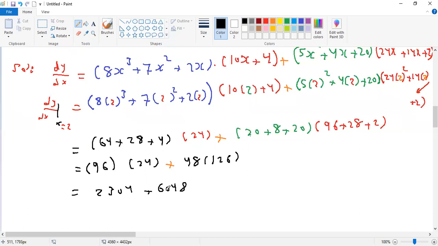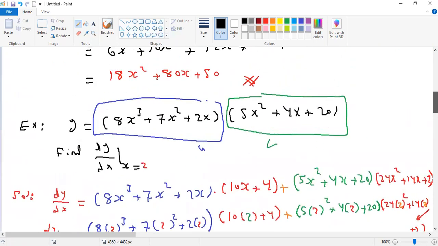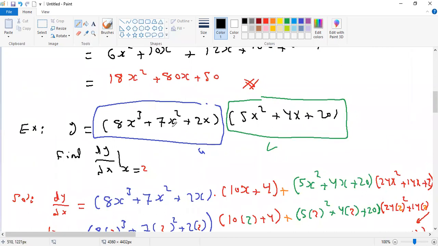So the total sum is 8,352. So this is the answer of the derivative of the product of 8x cubed plus 7x squared plus 2x multiplied by 5x squared plus 4x plus 20.